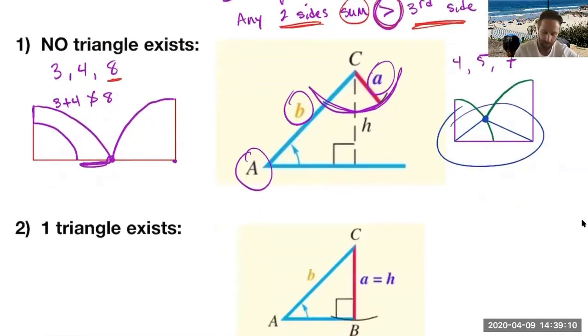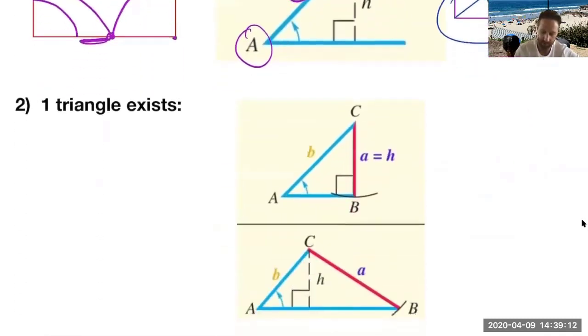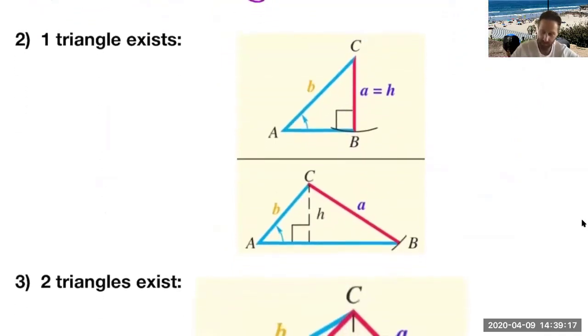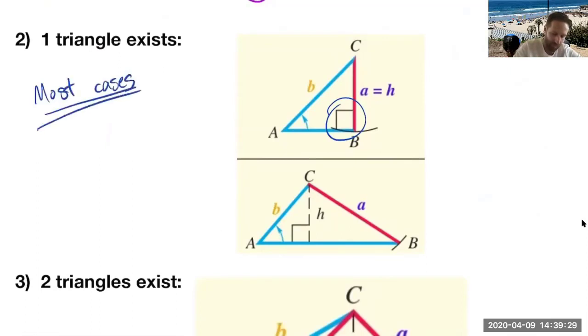So when one triangle exists is when we either have a 90-degree angle going on or not. And in this case, this is what's going to happen most of the time. We will have just one triangle. All right.